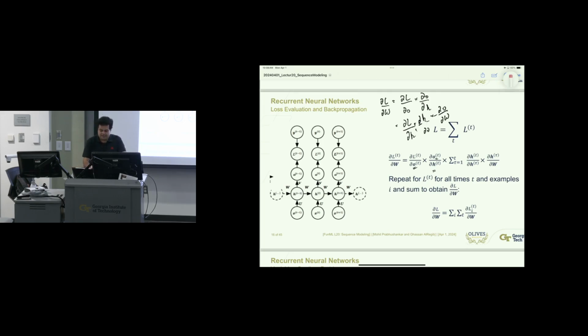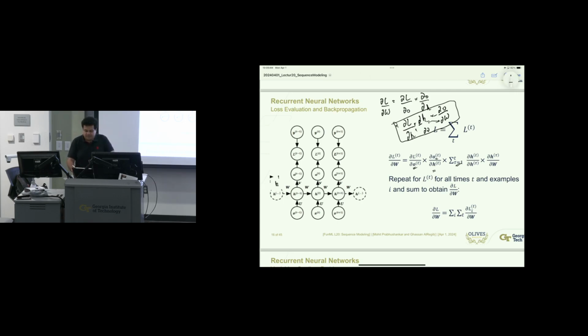But the point here is that its H is not by itself. This would be a very self-contained equation in your CNNs. But when it comes to RNNs, your dou H by dou W, these two things are not as straightforward, right? So your dou H by dou W is going to be a combination across different branches within your RNN architecture. So we're going to be taking a sum here as well from tau equals 1 to t, which is from the first time step, if you consider this to be h of 1, to at the very end.